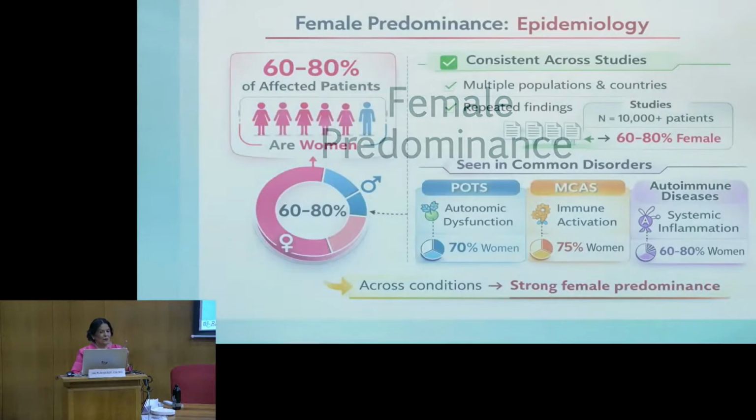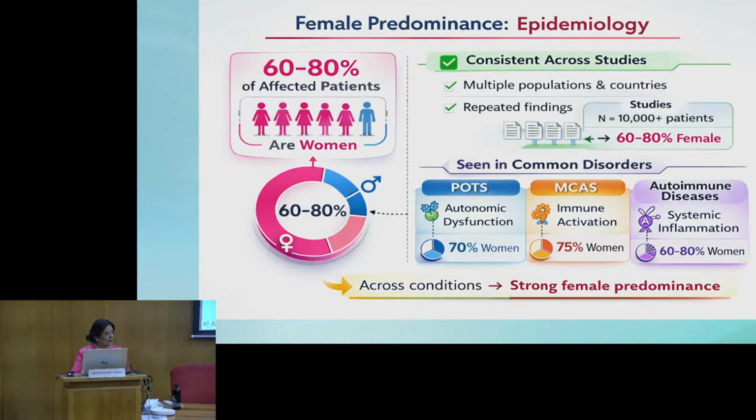Remember that, because 60 to 80% of your patients are going to be female, and 70% of them suffer from POTS, which is the autonomic dysfunction, and 75% of women have a mast cell activation syndrome, and so they have multiple different symptoms which are related to histamine or serotonin, and so on. And 60 to 80% of women are those who are suffering from autoimmune diseases.